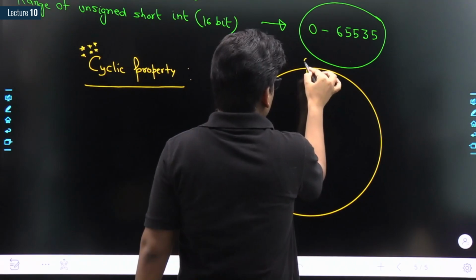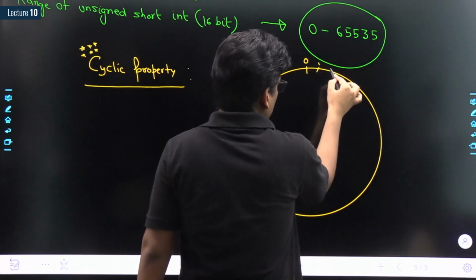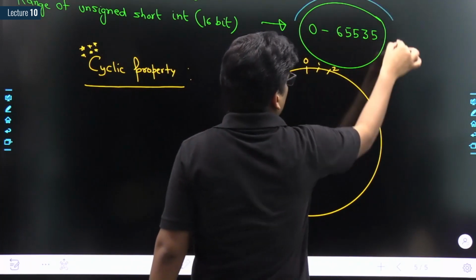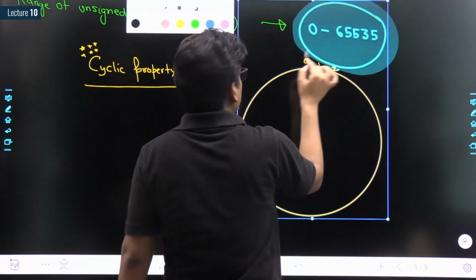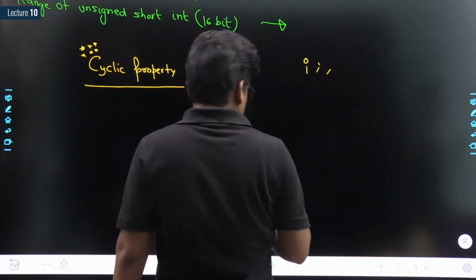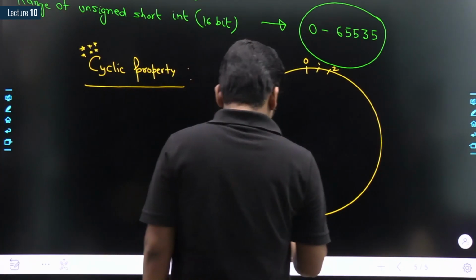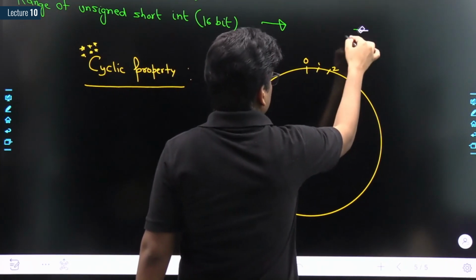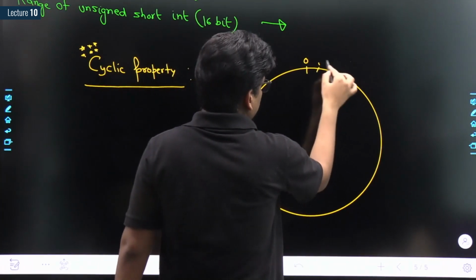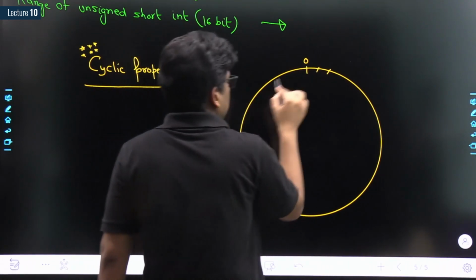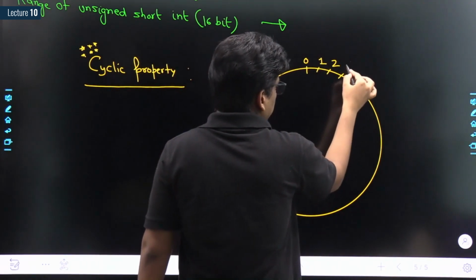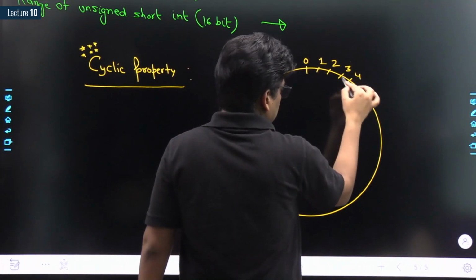Sir, 0, 1, somewhere we have 2. As it is an important topic, I don't want you to lose focus. 0, 1, 2, 3, 4 and so on.